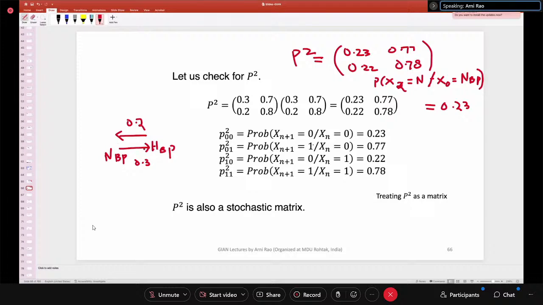The probability to return back from high to normal. Now, normal blood pressure to high and high to again normal to come back, this is 0.23, or normal remaining in normal could be 0.23.